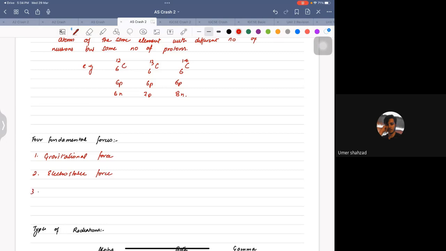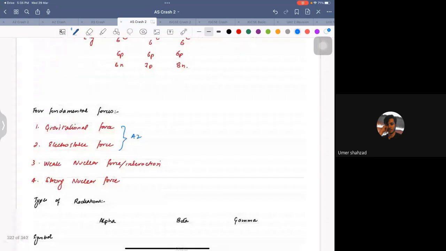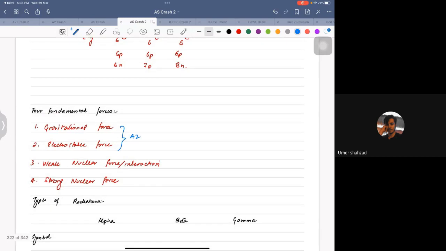And then you have weak nuclear force, and we also call it interaction. Then you have strong nuclear force. These two we're going to learn in A2 hopefully very soon, and for the other ones you need to remember just this that I'm writing.